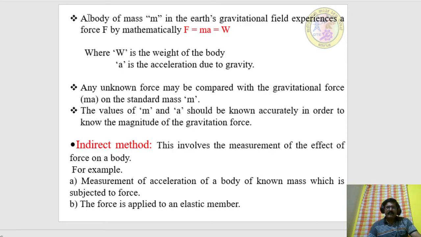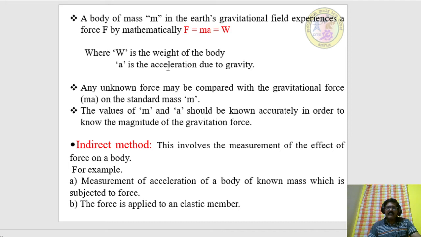See, if we consider a body of mass m in the Earth's gravitational field experiences a force F, then mathematically we can write force F is equal to m into a, where m into a put together we can write W. W is the weight of the body.